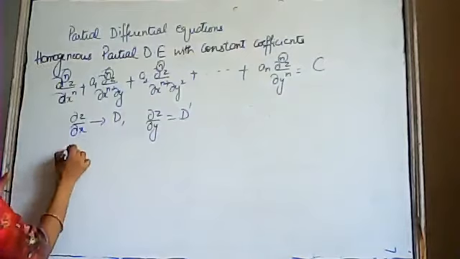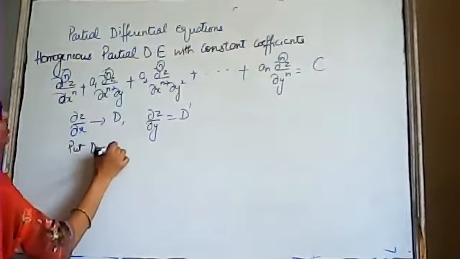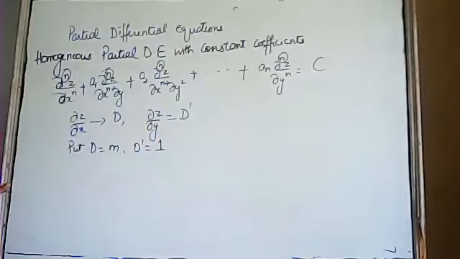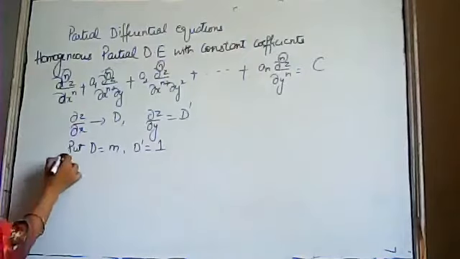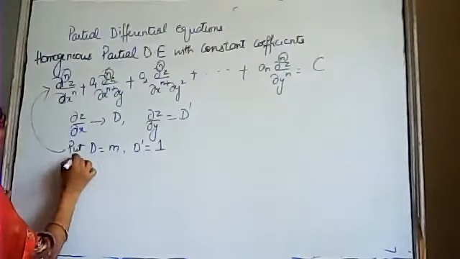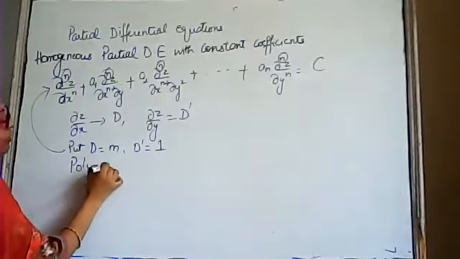After that, we put D equals m and D dash equals 1, and substitute these values in the equation. After substituting, we will get a polynomial equation.